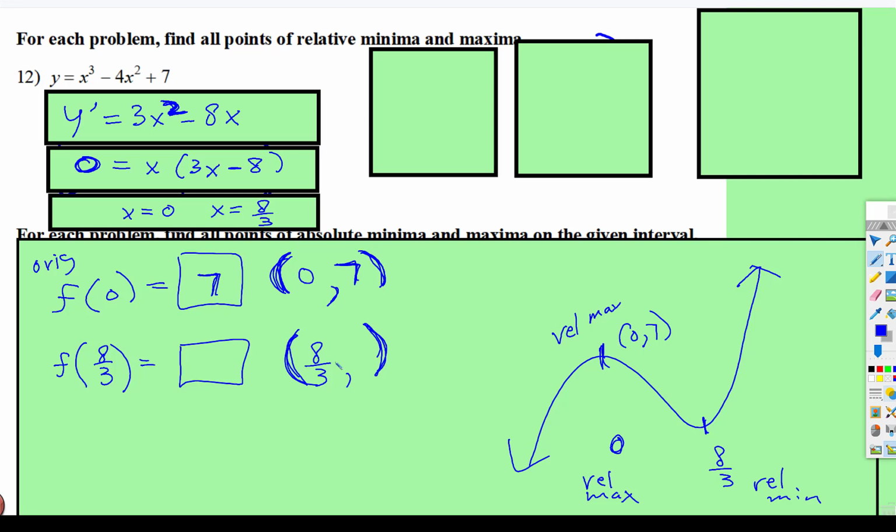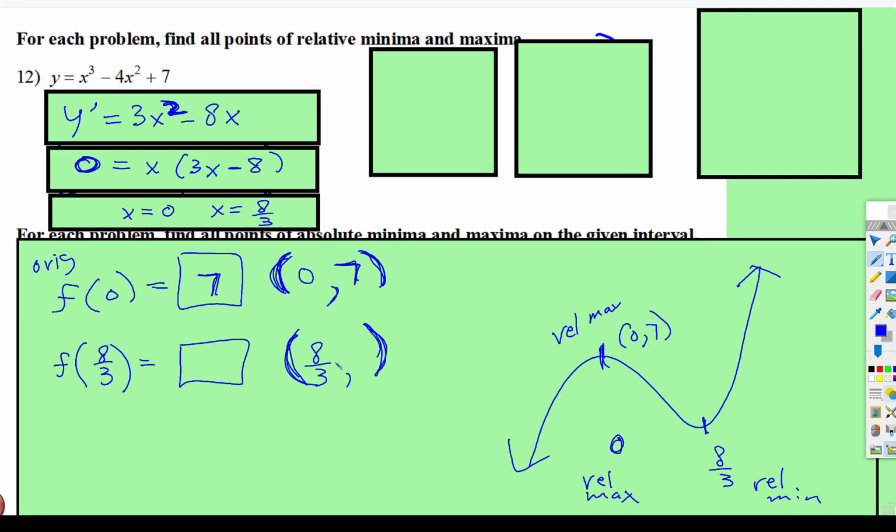And then when you plug in 8/3, so let's see, parentheses 8 fraction 3 parentheses caret 3 for cubed minus 4 parentheses 8 fraction button 3 parentheses squared plus 7, you get this mixed number.